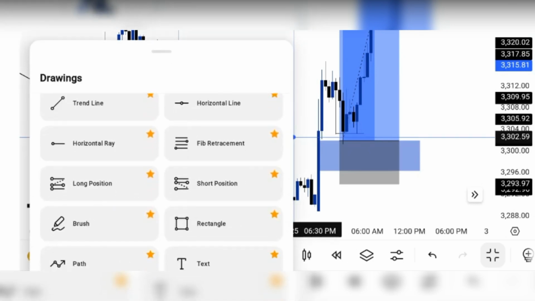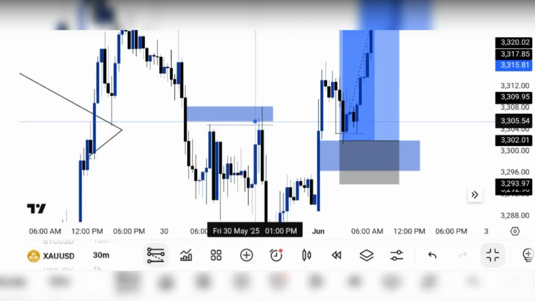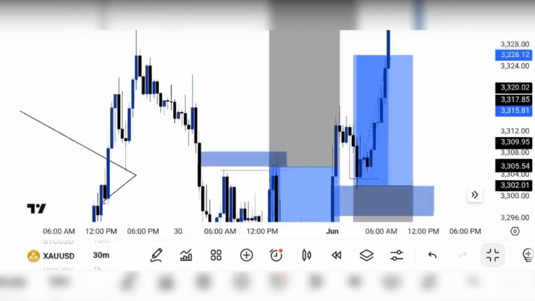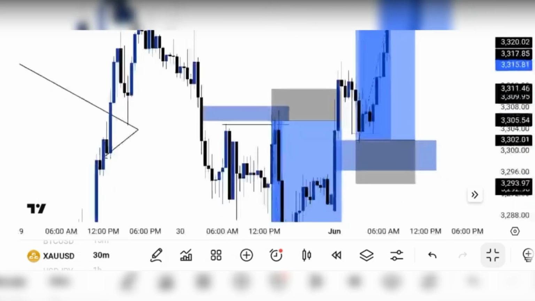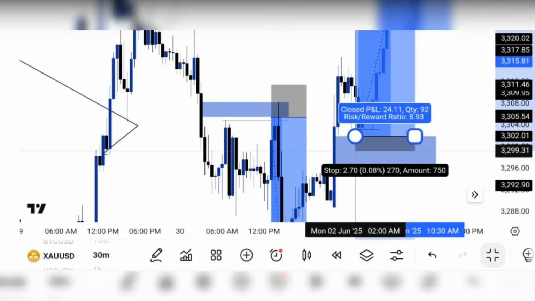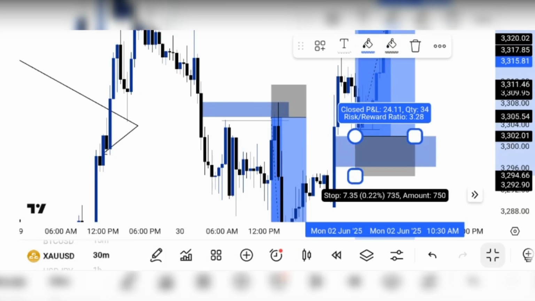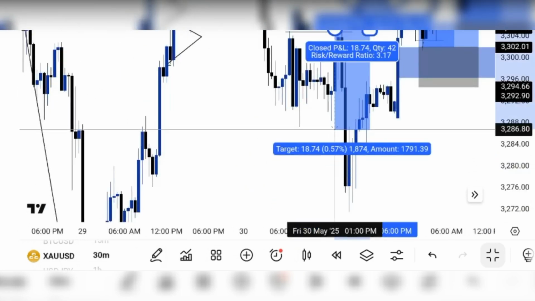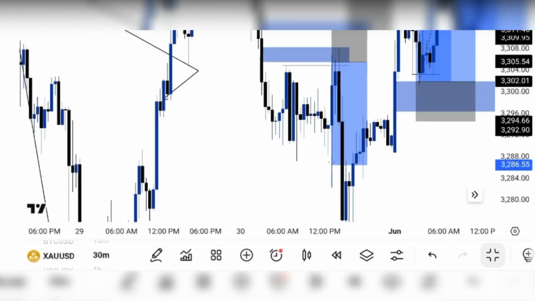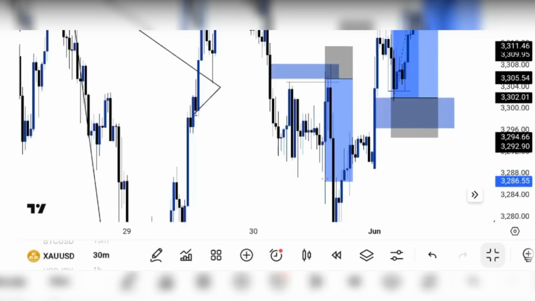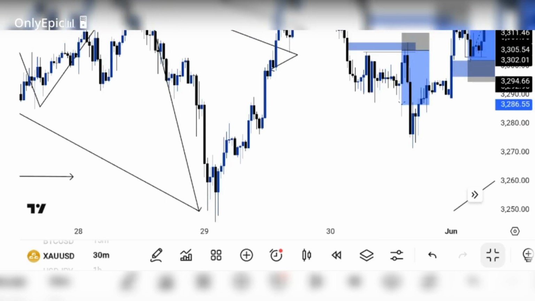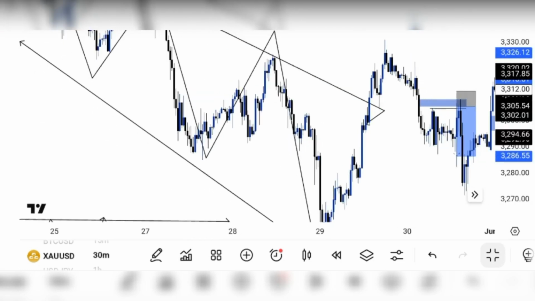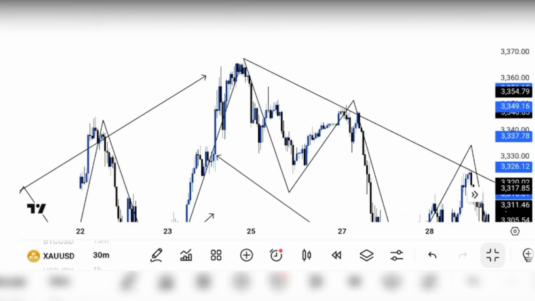All you have to do is put your entry at the fair value gap and then set your take profit to the next liquidity. You can see that price smashes your take profit just like that. So that is how it continues.